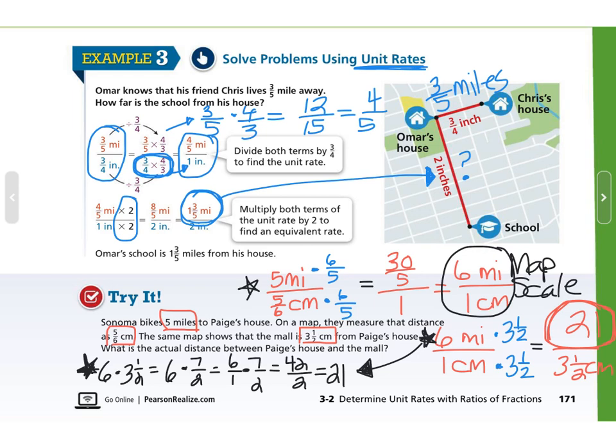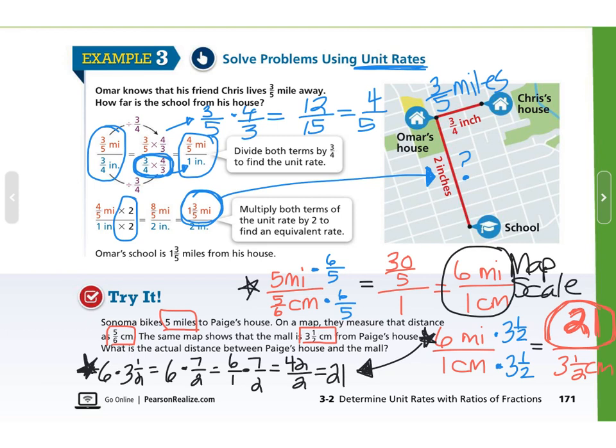But that doesn't give me my answer because now I need to know how far 3.5 centimeters would be on that same map. So what I did is I multiplied both parts of that map scale, 6 miles to 1 centimeter, by 3.5 to see how far that would be in actual distance.